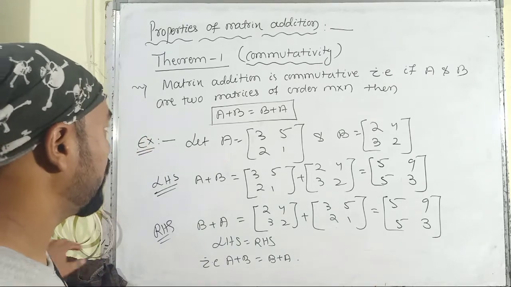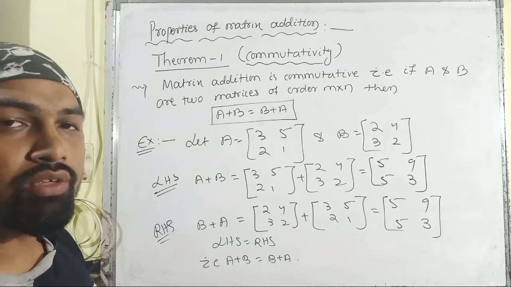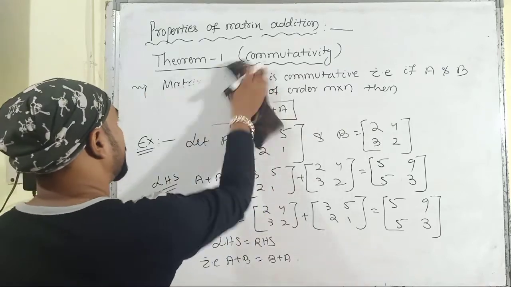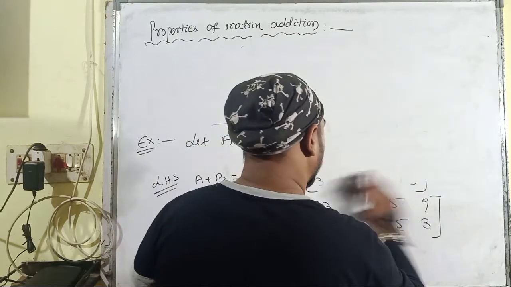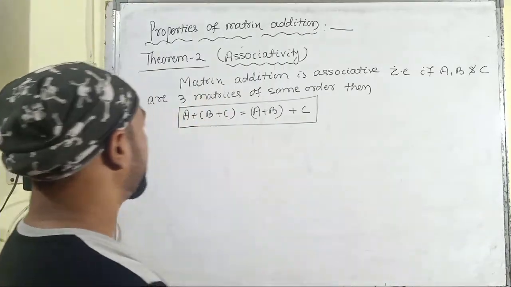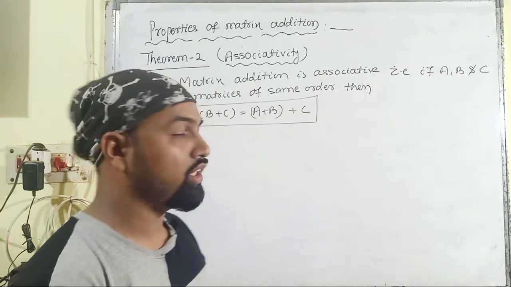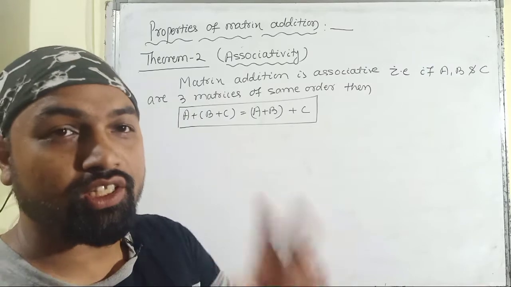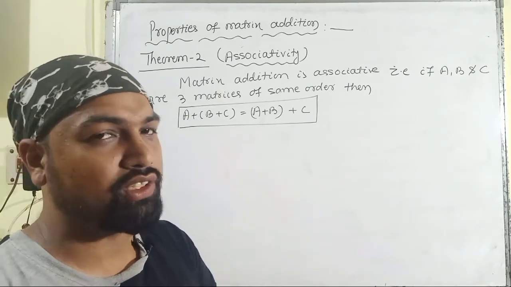Then let us go through theorem number 2, which is considered for the associativity property. Here we have to consider three matrices because the associative property is based upon three matrices.